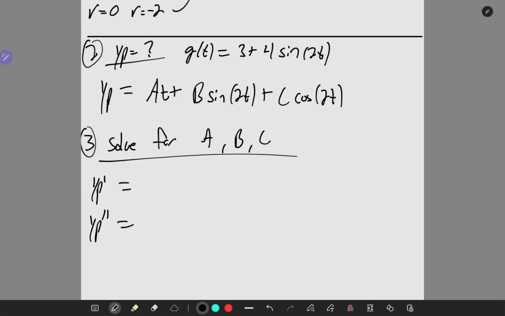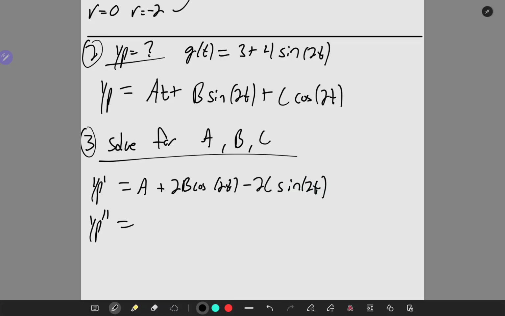This would be a plus 2b sine of 2t minus 2c, oh, sorry, this should be cosine, cosine of 2t.